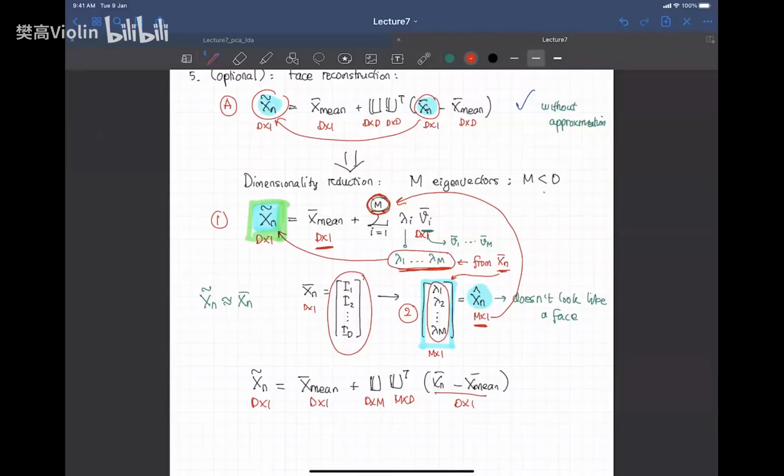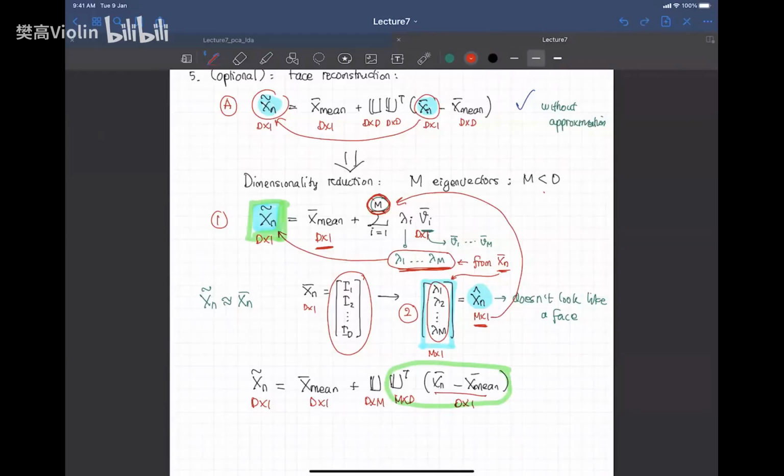So your reduced dimensionality cannot be seen in this equation. Your reduced dimensionality is actually hidden inside here. Inside this one, if you multiply this, it gives you your lambda.